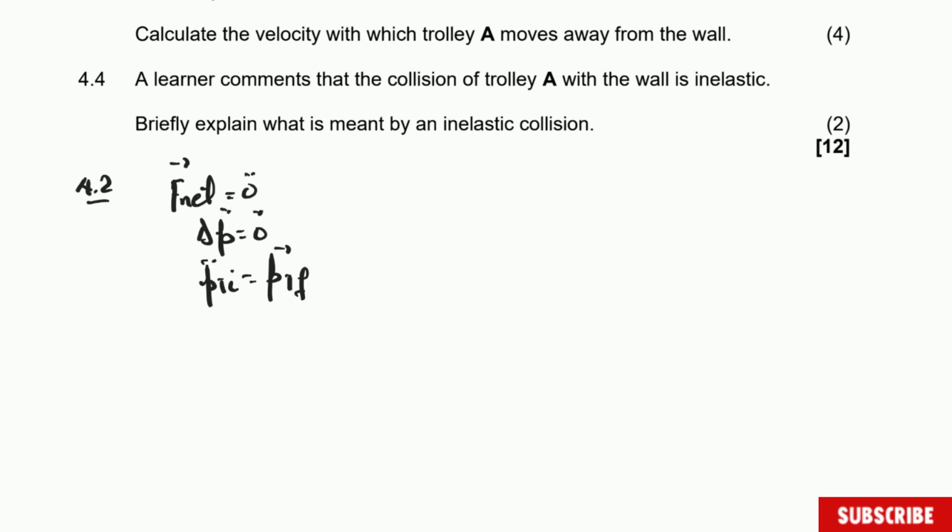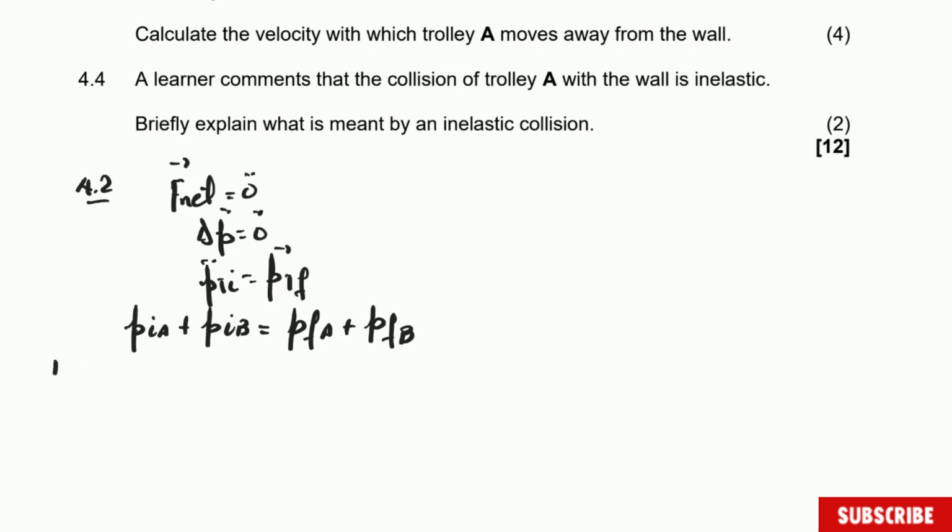The total initial momentum is the initial momentum of trolley A plus the initial momentum of trolley B, and all that will be equal to the final momentum of trolley A plus the final momentum of trolley B. Now remember that momentum is the product of mass and velocity.